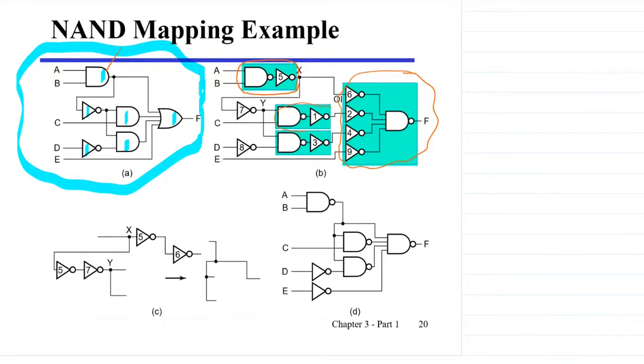Once we have that, we now need to combine the inverters. Inverter number 5, which is over here, could be moved. We just remove it from there and move it to here and here. Let me use a darker color. And we have the NAND still here.